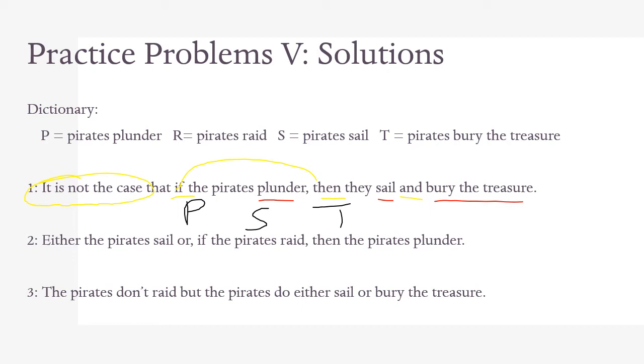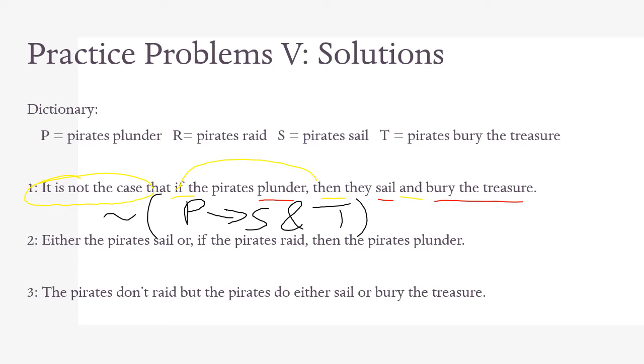Remember, it is not the case is telling us that everything after it is going to get negated and needs to go inside parentheses. Then we have an if-then: the pirates plunder, then they sail, and then we have an and. I'm going to stay consistent with what I've told you on other slides, because we still need another set of parentheses.